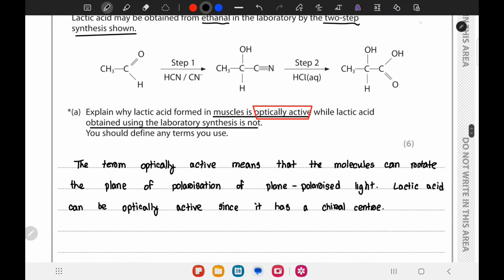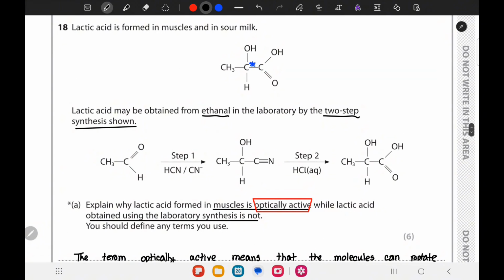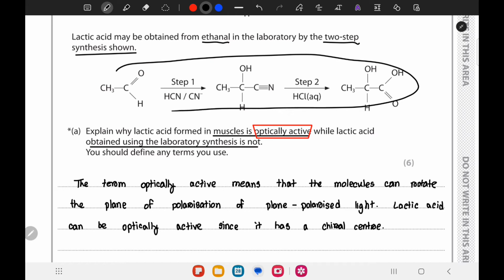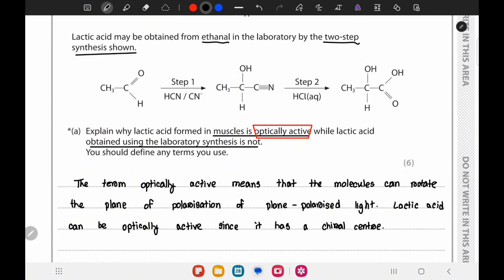So far we have written about how optically active means that the molecule can rotate the plane of polarization of polarized light, and how lactic acid can be optically active since it has this chiral center over here. Now we'll talk about how the laboratory synthesis is not optically active. So the lactic acid found from this synthesis is not optically active. We have to explain why that is the case.